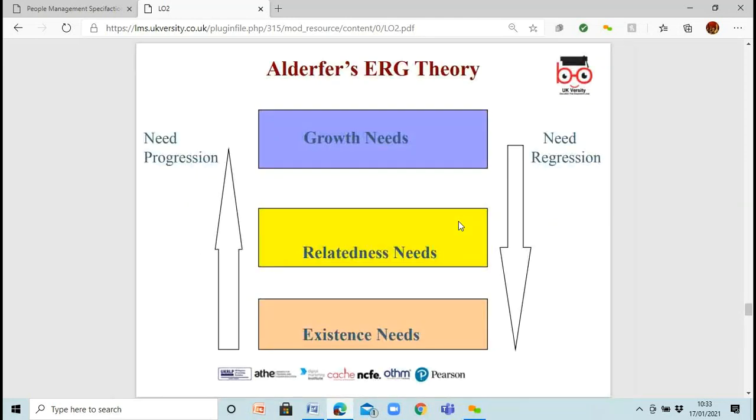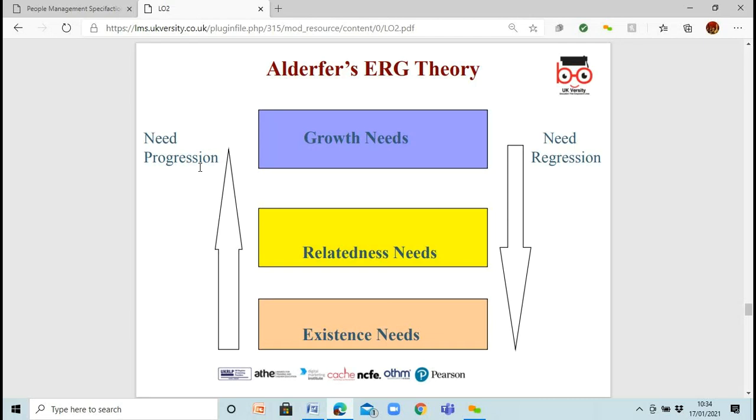So we're going to look at Alderfer's ERG theory. Now, Alderfer's ERG theory stands for existence, relatedness, and growth. So Alderfer took Maslow's hierarchy of needs and categorized it into his own ERG theory. On this image, we go from existence needs, relatedness needs, to growth needs.